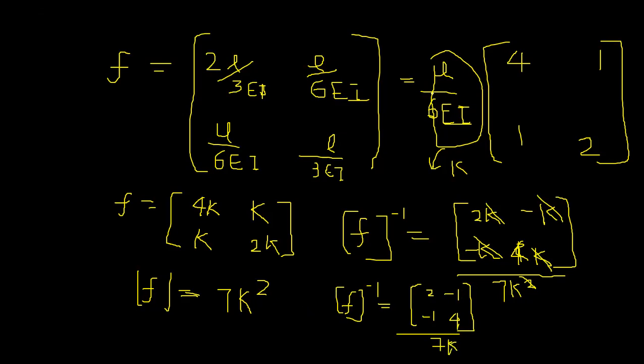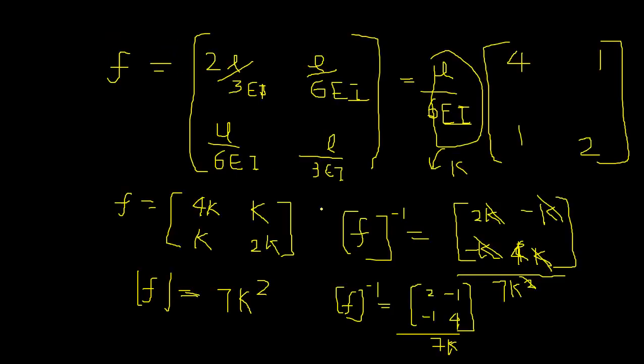It's L over 3EI, L over 6EI. So your F inverse would be 6EI over 7L.